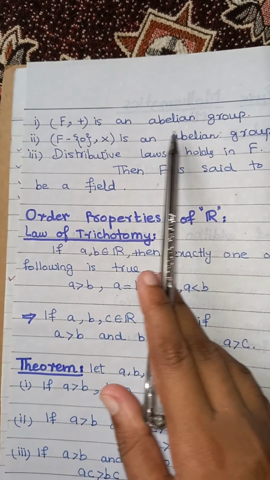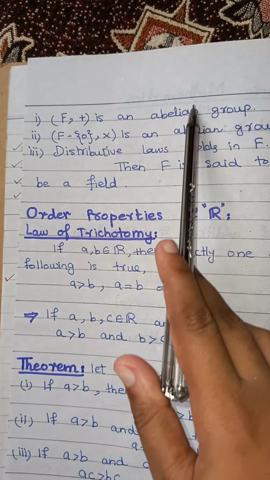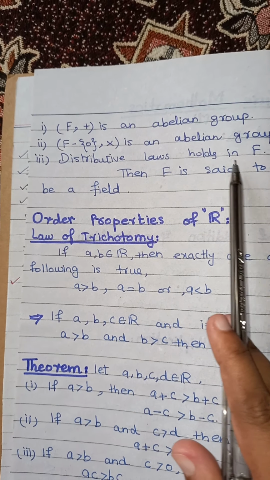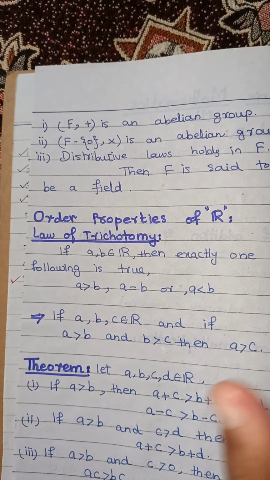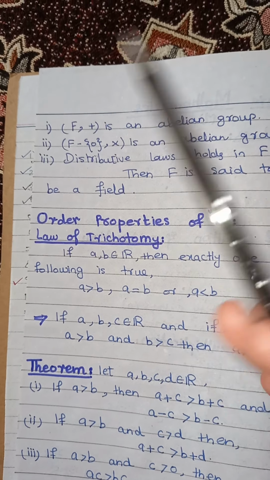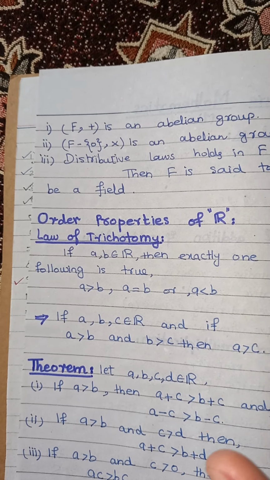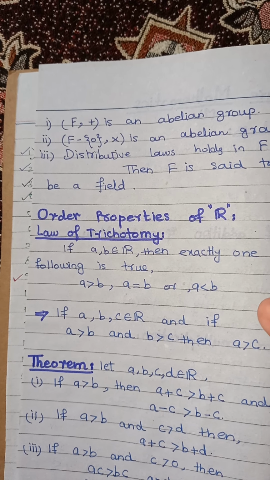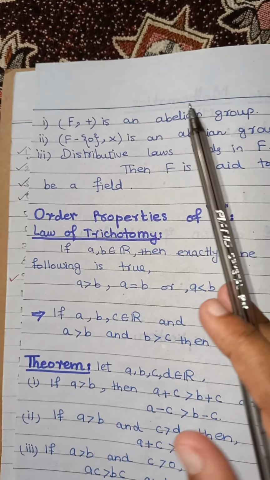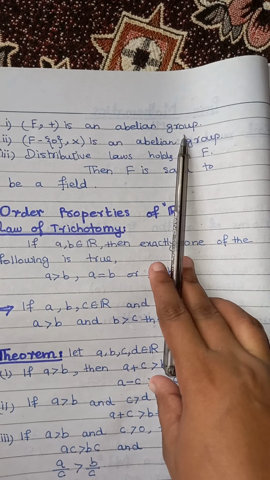And here we have to know what a group is. In a group, first of all the closure property holds, then associativity holds, and identity and inverse hold, and if it is also commutative, then we get an abelian group.